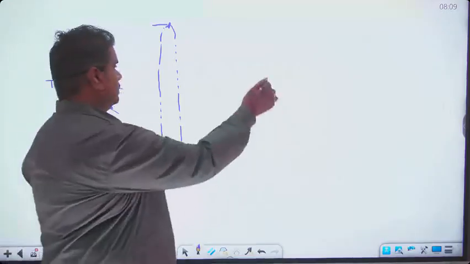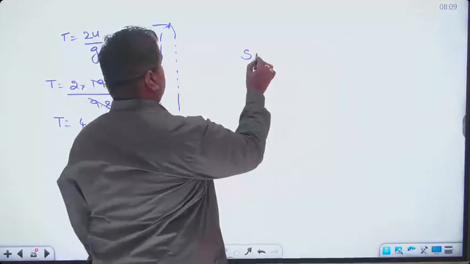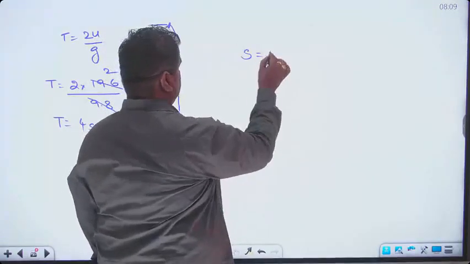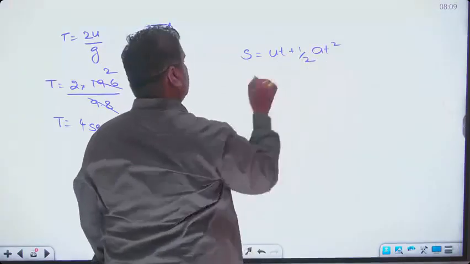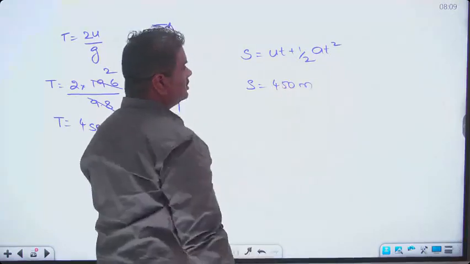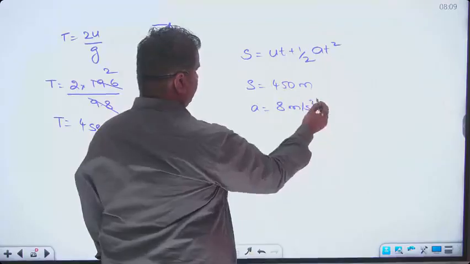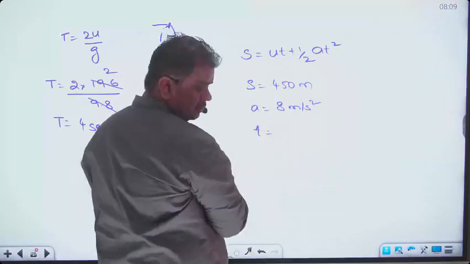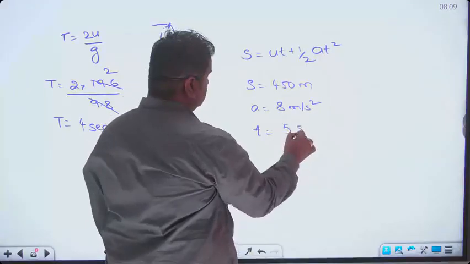So here, we need to use the formula S equal to ut plus half at square. S is given as 450 meters, the value of A is 8 meter per second square, and T is 5 seconds.